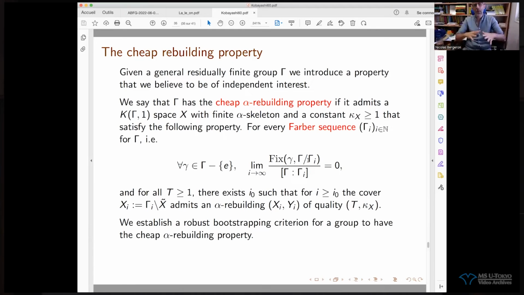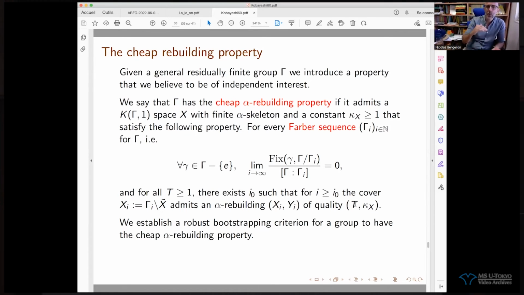So we want subgroups that are smaller and smaller in gamma, so that the quotient looks more and more like the symmetric space. So for any Farber sequence like that, and for any t, we want that there exists some index such that above this index, the corresponding finite index cover X_i of X associated to gamma_i admits an alpha rebuilding of good quality, t.